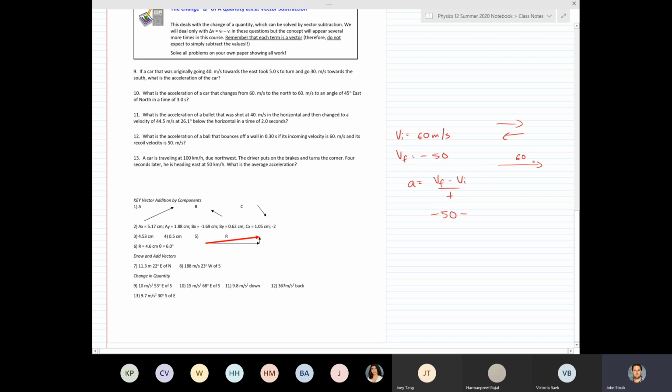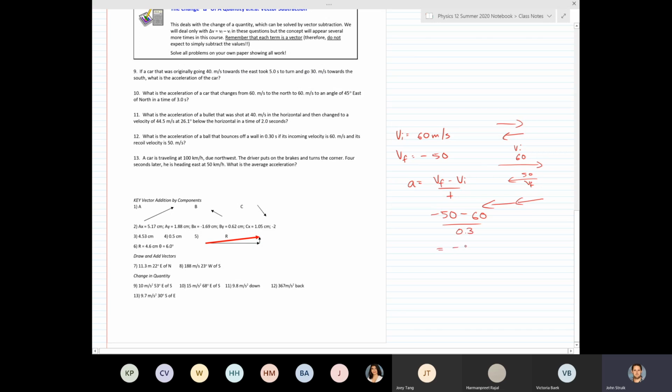If VI is positive that way, then the negative VI becomes left. So it looks like this: this is VI, VF is 50, like that. VF minus VI means you're adding the negative 60, which is that way. So it's negative 50 minus 60, over 0.3.